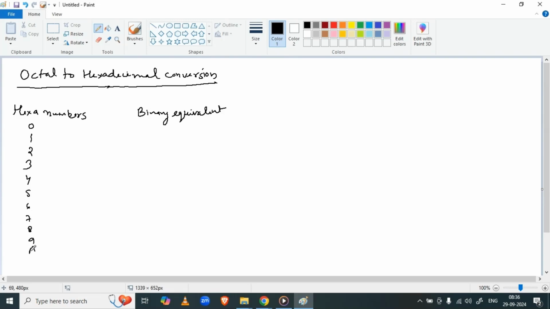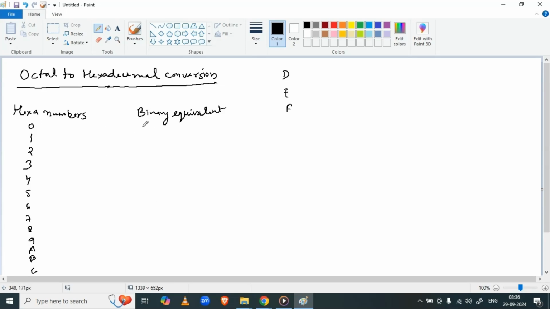and alphabets A to F. So the total characters in the hexadecimal number system are 16. 0 to 9 are the numbers and A to F are the alphabets, so the hexadecimal number system is also known as the alphanumeric number system.